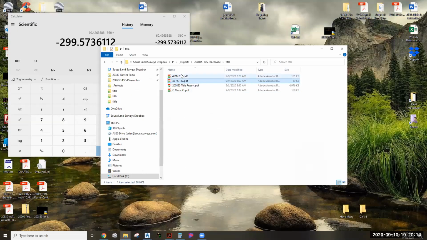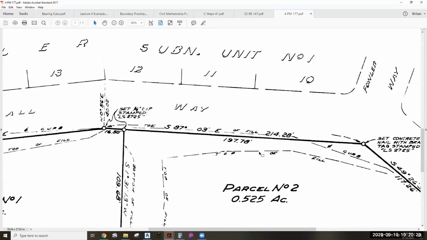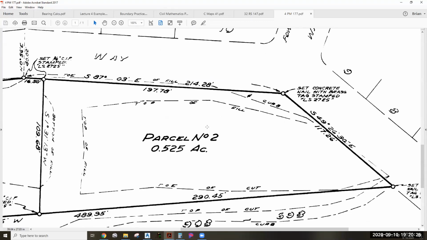Let's see. I'm trying to find something that you can read. All right, here's a simple one. So here's a map.